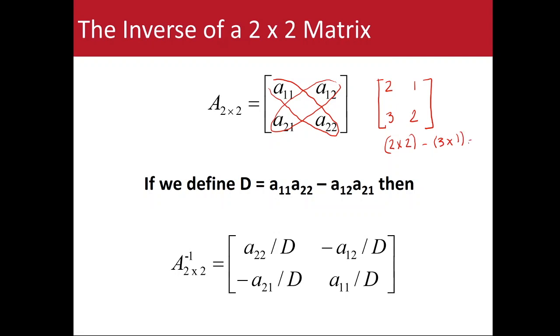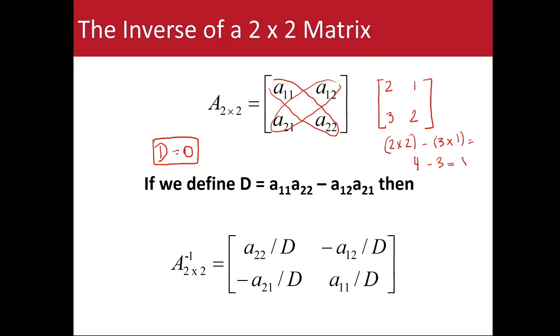So in this case, the determinant of that matrix is going to be 4 minus 3, which is equal to 1. Okay, the determinant in this case is 1. The determinant is sort of a value that tells you the linear dependence of the matrix. And one thing that we will always note is that when the columns are linearly dependent, then the determinant is going to be 0.